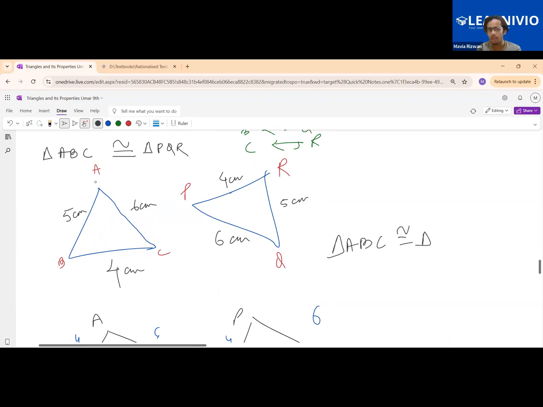Now see, AB is 5 centimeters. So here what side is 5 centimeters? QR. And BC is 4 centimeters, so RP is 4 centimeters here.